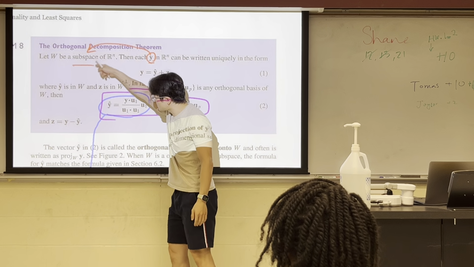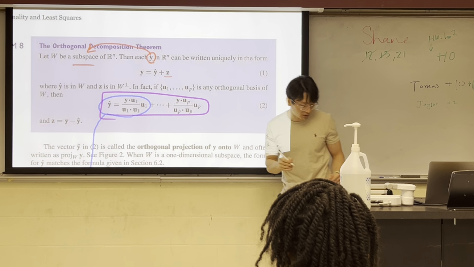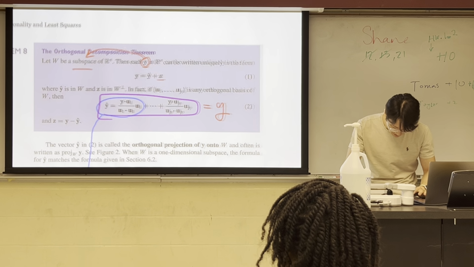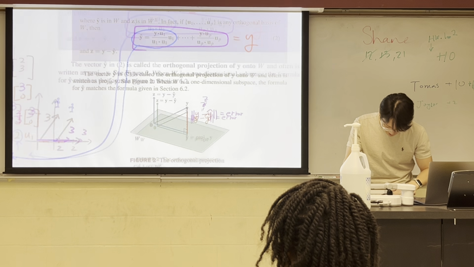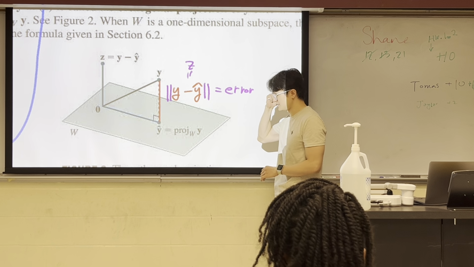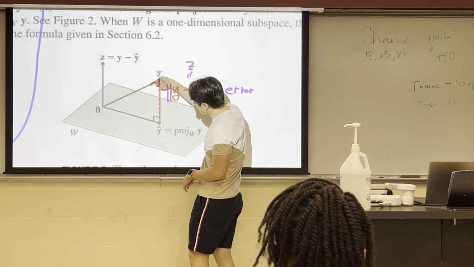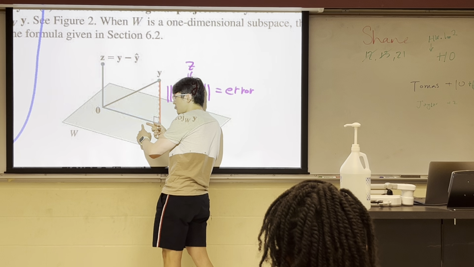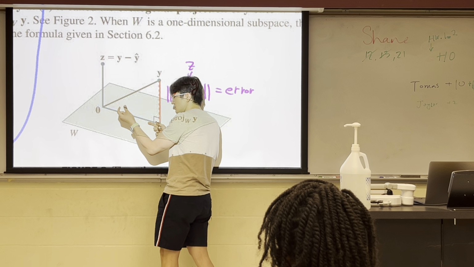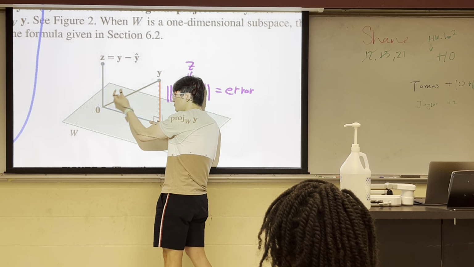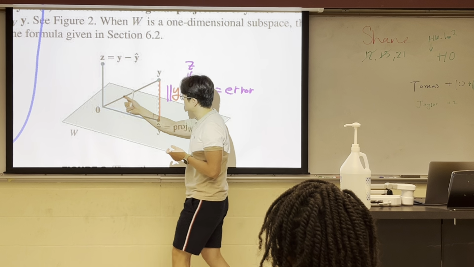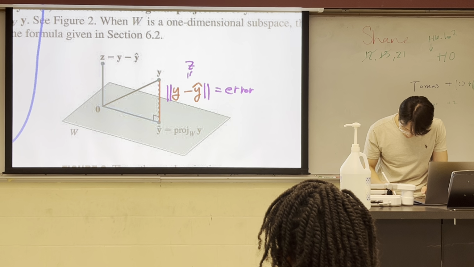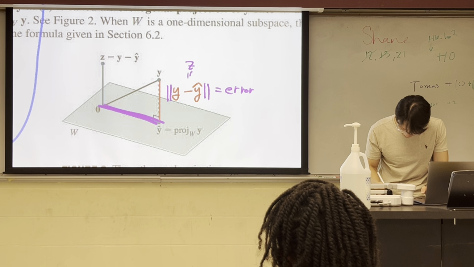If Y is in the subspace, then this is the same as Y. If I explain this picture, if Y is in the subspace, then you can accurately find each scalar, the scales of each vector. But if Y is out of this subspace that I have, then you have to estimate. In that case, you write Y hat instead of Y.